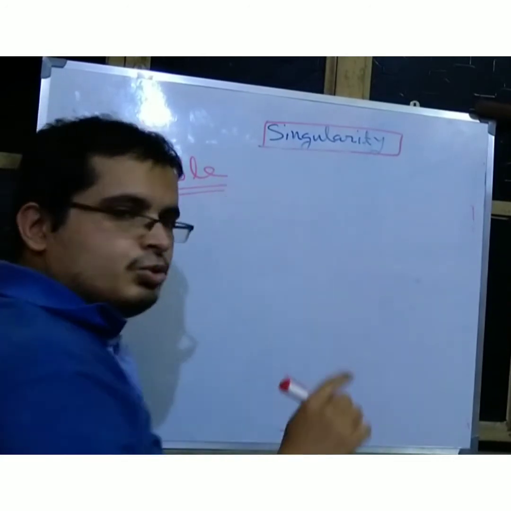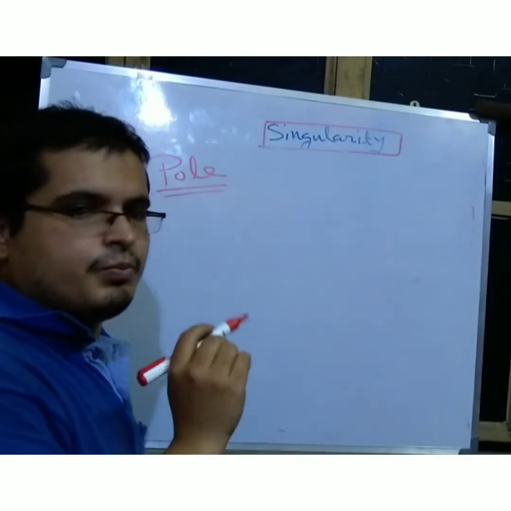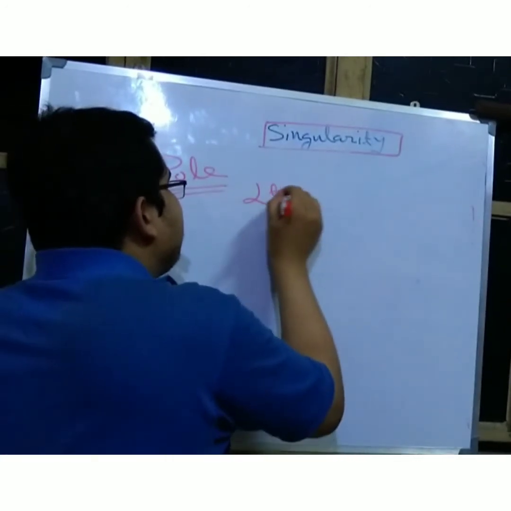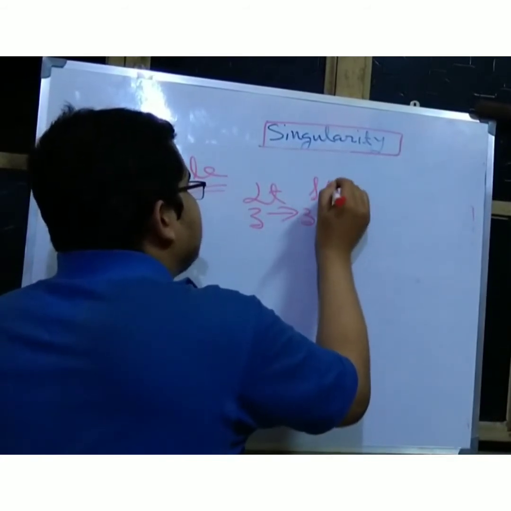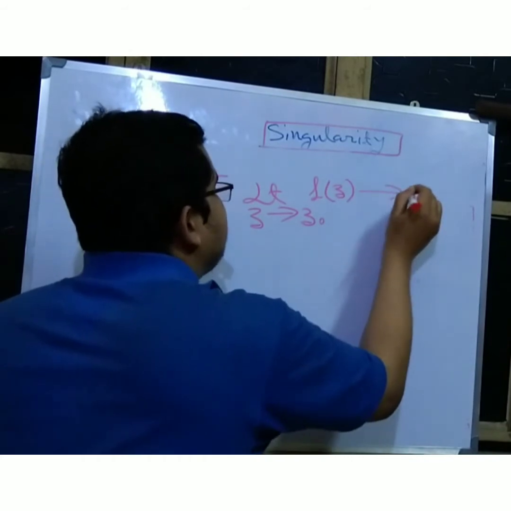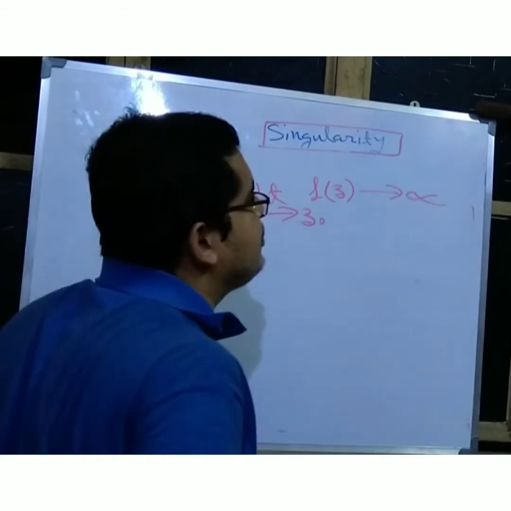Next is pole. So friends, what is a pole? Pole means limit z tends to z0 of f(z) is infinity. This is the theory.